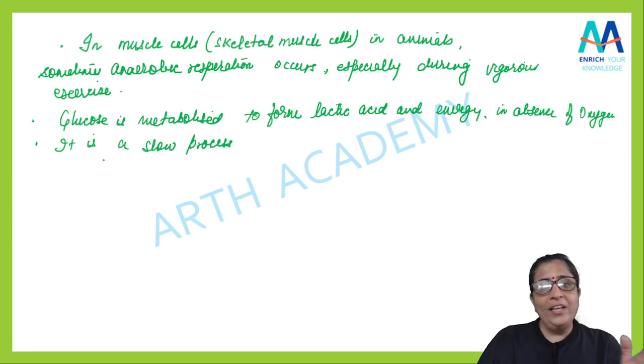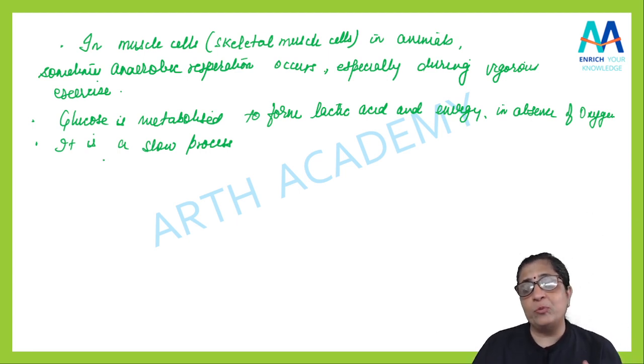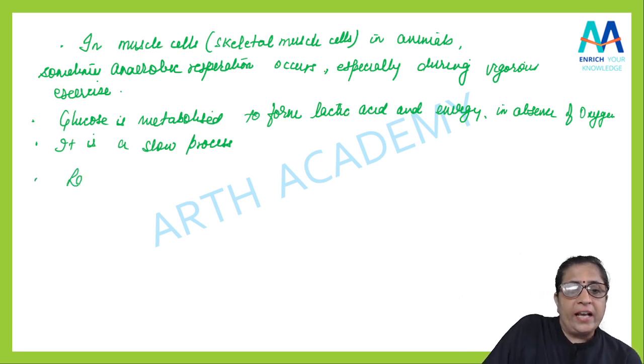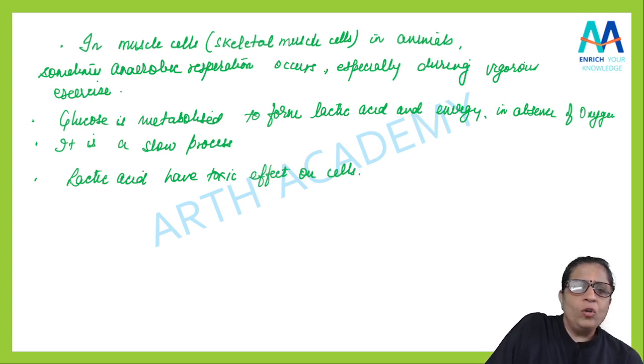वहां से नहीं निकलता है, वो वहीं के वहीं जमा हो जाता है और उसके क्रैम्प्स produce होते हैं. We can say that's why it has some toxic effects on the cells. Lactic acid has toxic effects on cells. How?